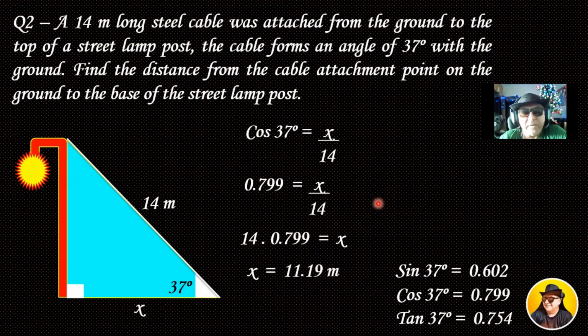So X is 11.19 meters. So this is the distance between the base of the street lamp and the cable attachment point on the ground. Thank you very much for paying attention to this question.